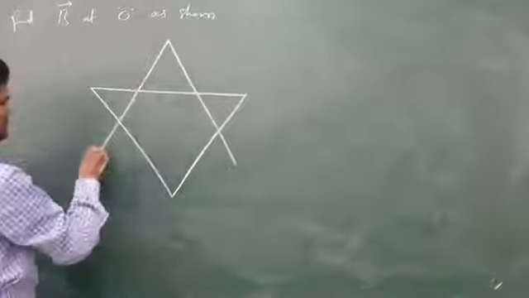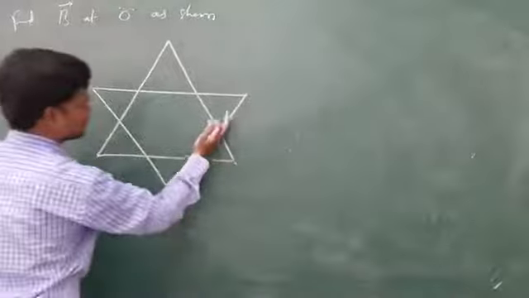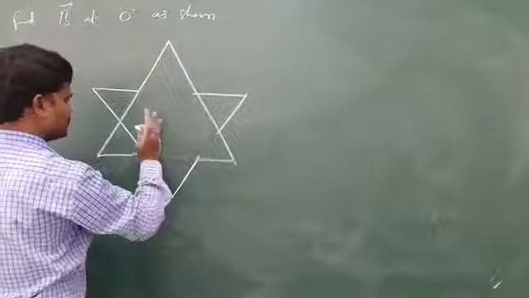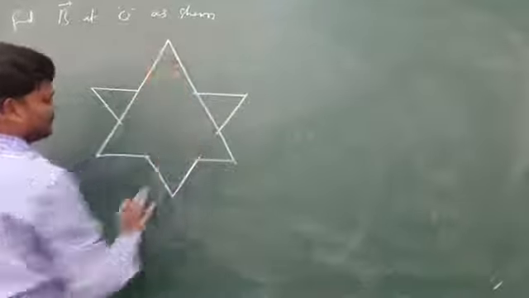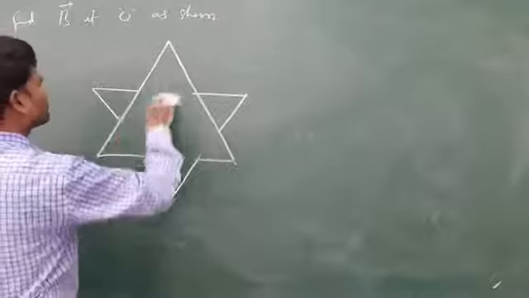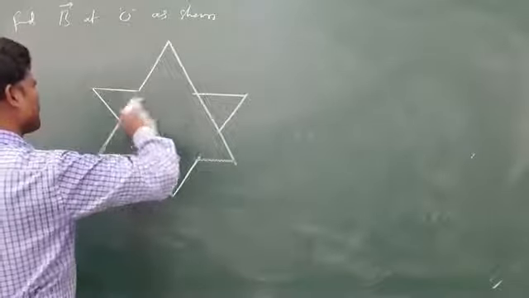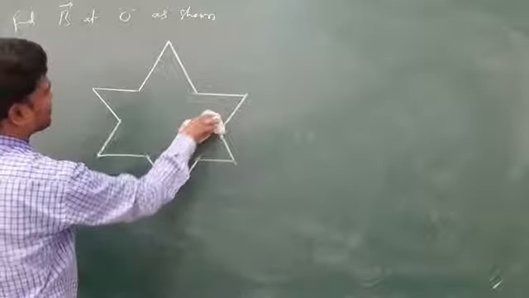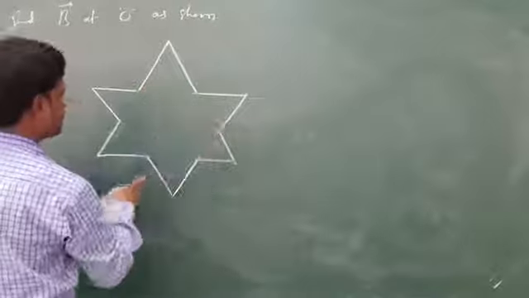See, this is the given diagram. Let me count: 1, 2, 3, 4, 5, 6, 7, 8, 9, 10, 11, 12.